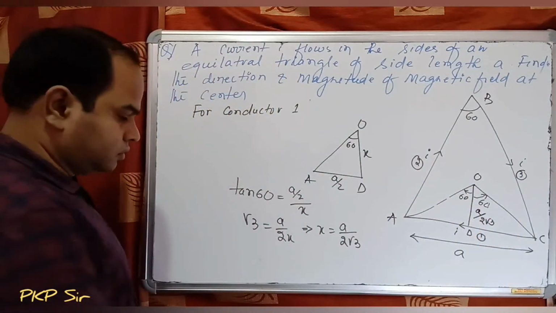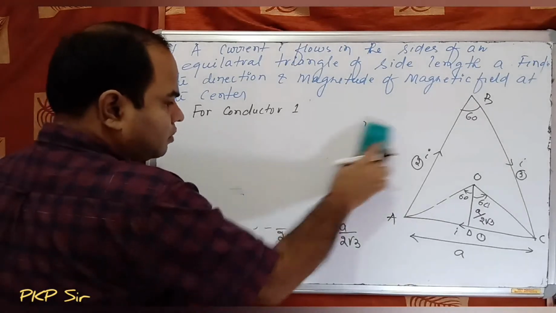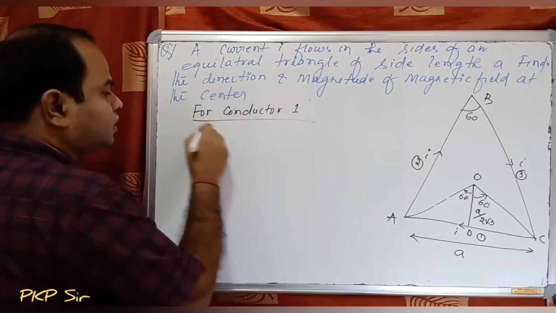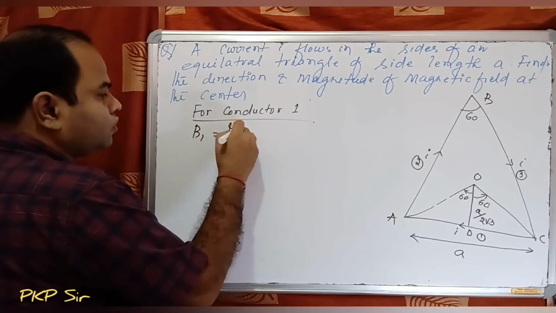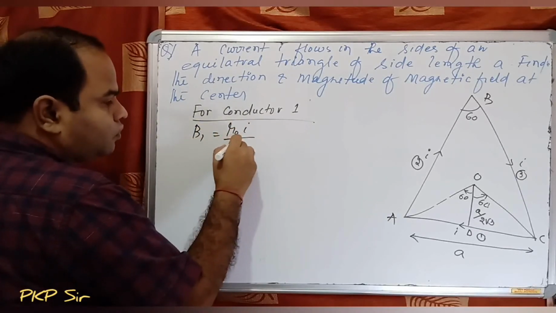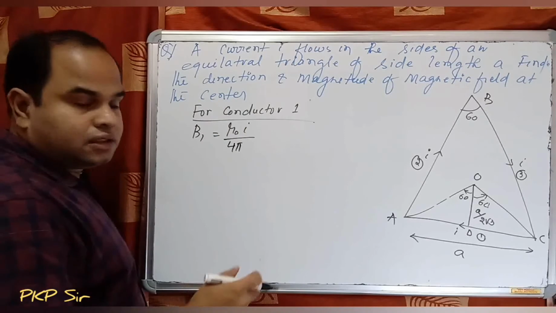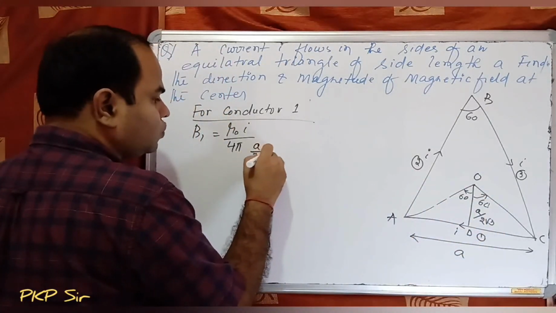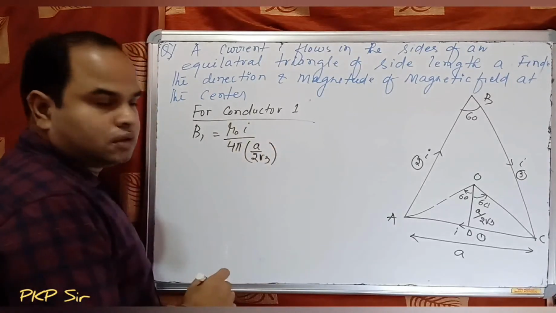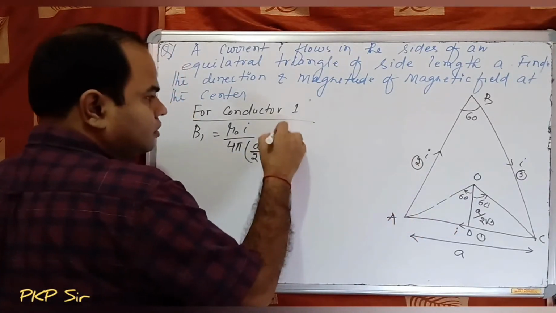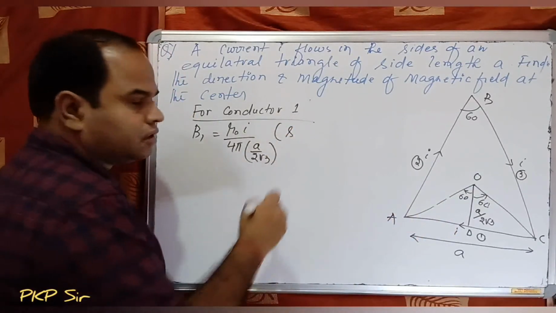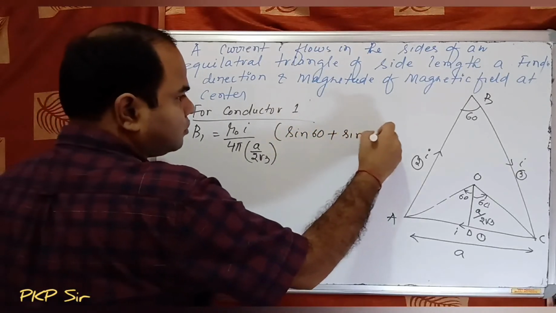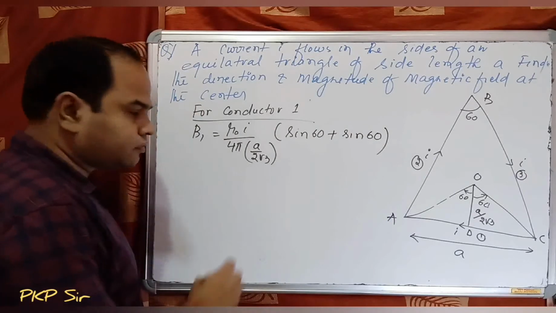Okay. Now the formula. As per the formula, for the first conductor B1 is mu naught I by 4 pi, the perpendicular distance is A by 2 root 3, into sin phi 1 plus sin phi 2, both 60 degrees. So that is sin 60 plus sin 60.